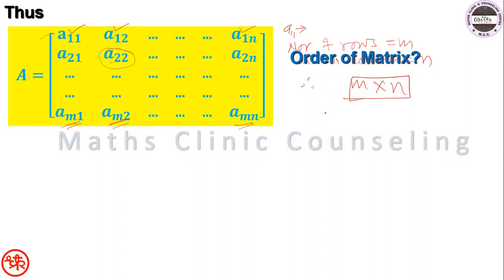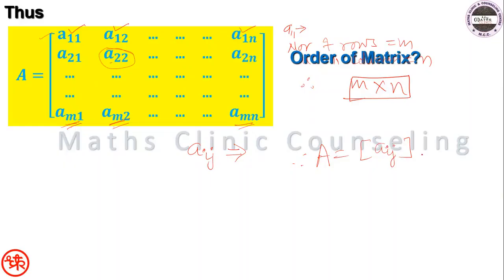Is that clear? Order of matrix is m by n. And now in general, these A11, A12, A1n, we can write in general aij. We will discuss what is aij.